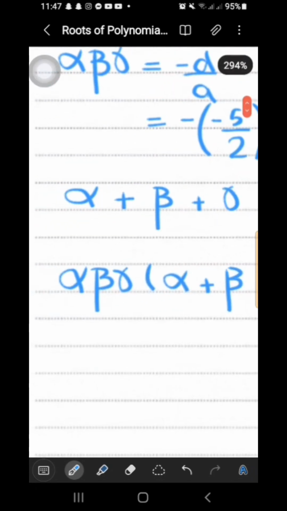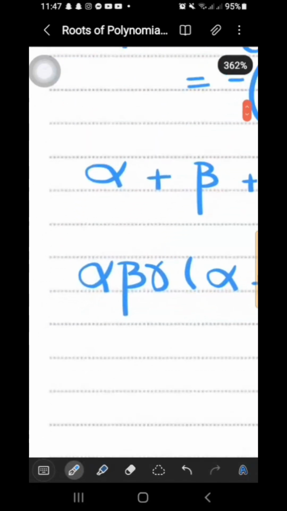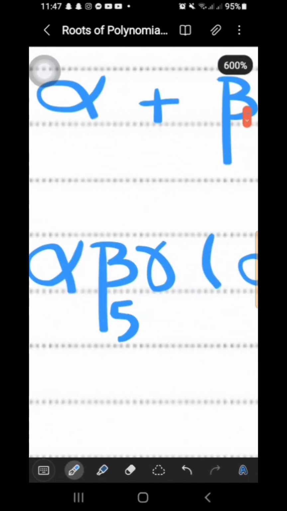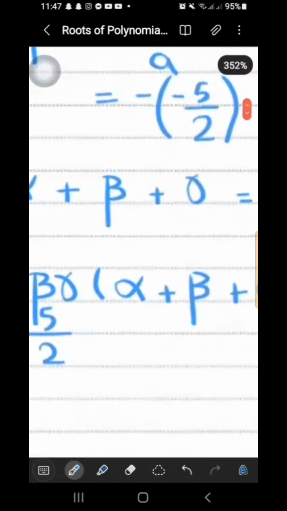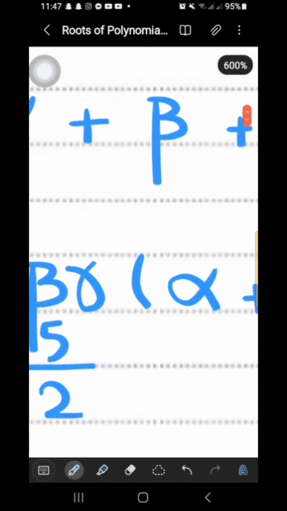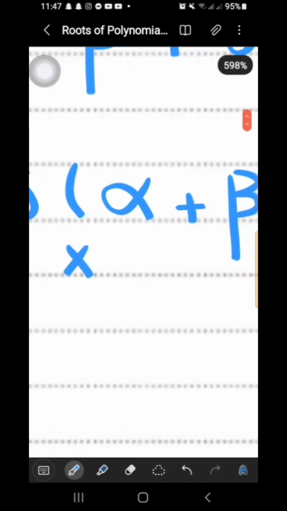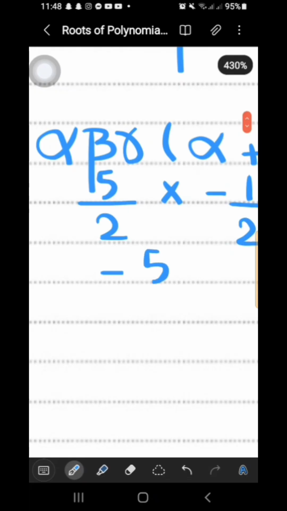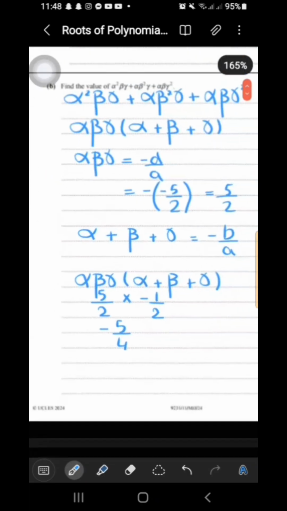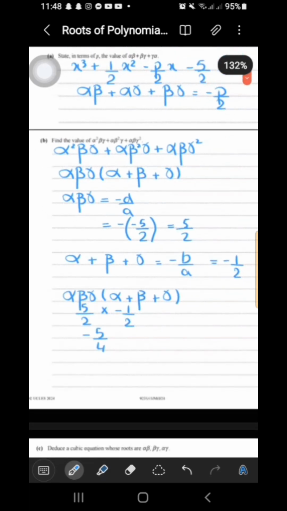We will insert the value of alpha beta gamma, 5 divided by 2, and it will get multiplied by negative 1 over 2, which is negative 5 over 4. We can have a look at the solution, that is the complete solution.